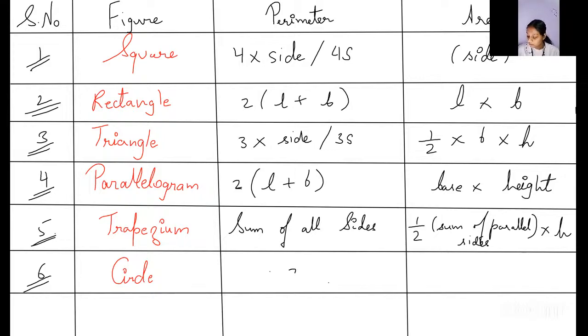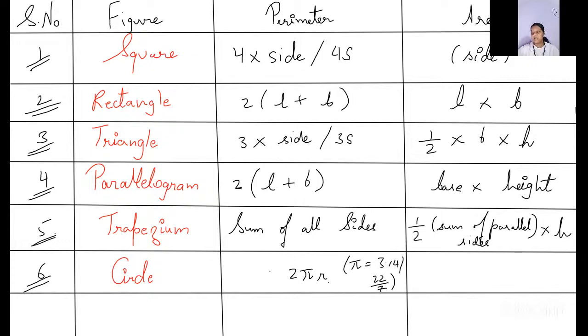You could also just say pi into d, right? Yes, that is also there. But the main formula is 2 pi r. Pi into d can be taken when d is given. Pi value is 3.14 or 22 by 7.